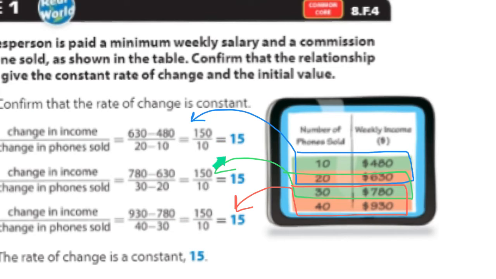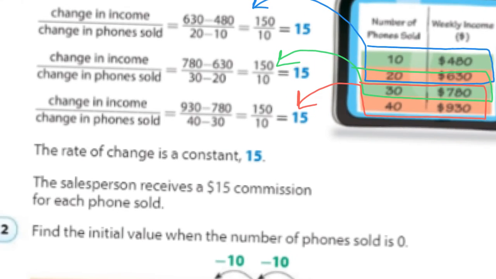So since your rates of change are all constant, you can say that this table is linear. And they asked you to find the rate of change. And you did find the rate of change. That would be 15. So keep in mind that this is also considered the slope.